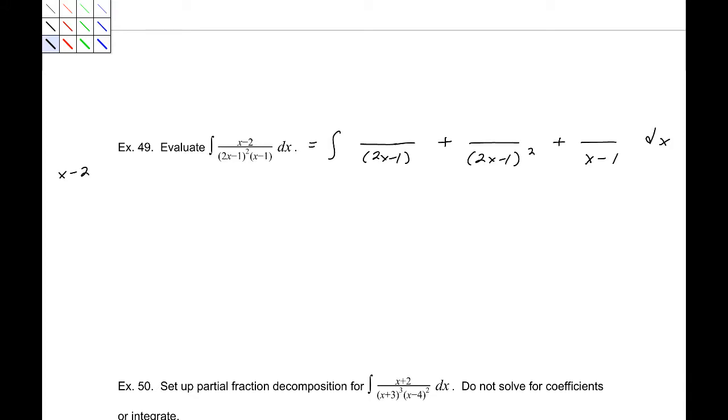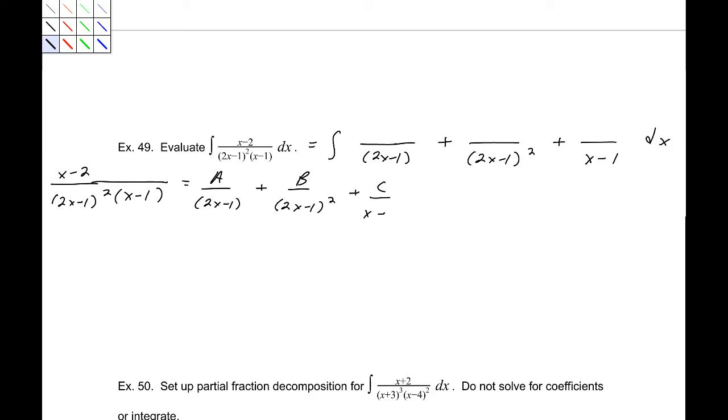X minus 2 over 2x minus 1 squared times x minus 1. Okay, and I want this to be equal to a over 2x minus 1 plus b over 2x minus 1 squared plus c over x minus 1.